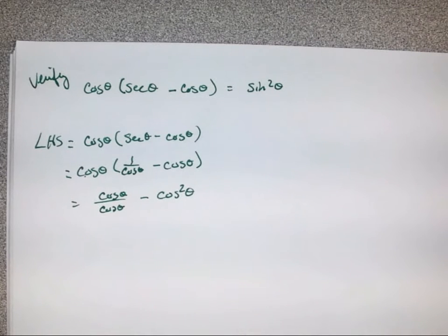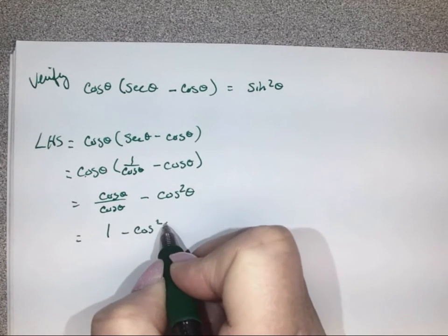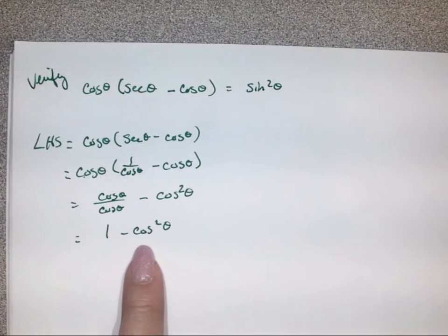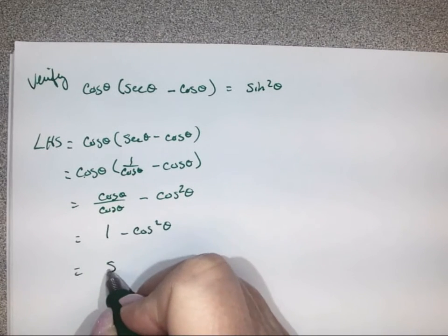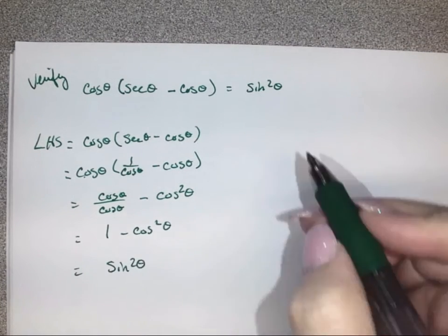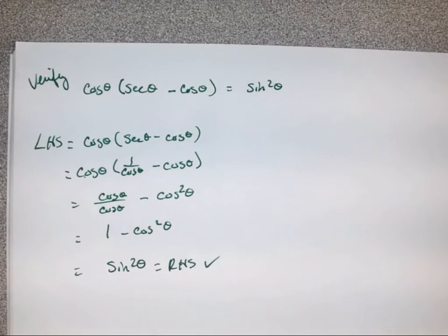All right. So now cosine theta over cosine theta is equal to 1, minus our cosine squared theta. Well, this is the same thing as sine squared theta, which is equal to our right-hand side, and we've got to check on that.